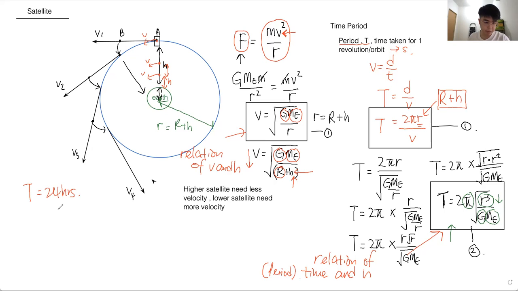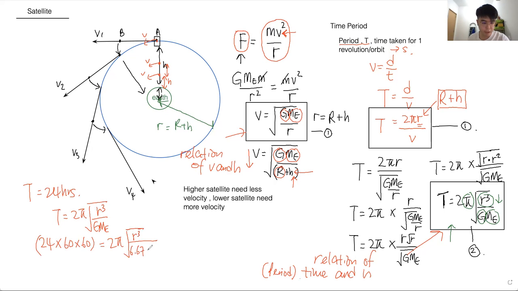So from here, T equals 2 pi square root of r cubed over GME. Okay, period is 24 hours, right? So we'll put 24 hours times 60 into minutes and times 60 into seconds. Equals 2 pi square root and then r cubed.